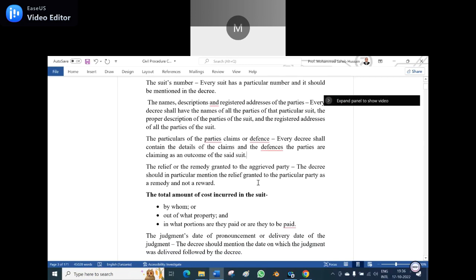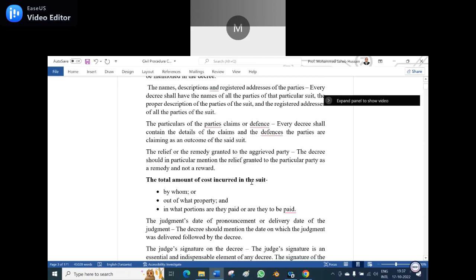What type of relief should be granted? What remedy should be given? What solution should be the justification? The decree should particularly mention the relief granted to the particular party as a remedy and not a reward. It is a remedy, it is not a reward.